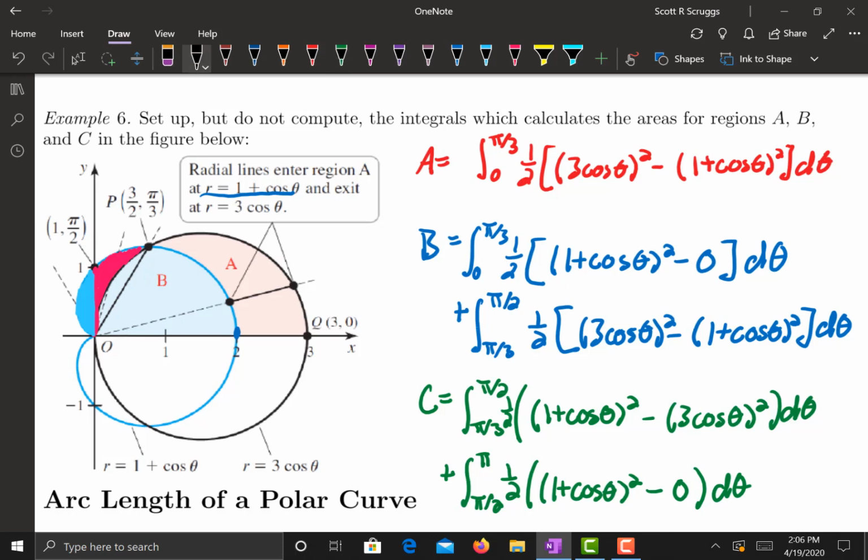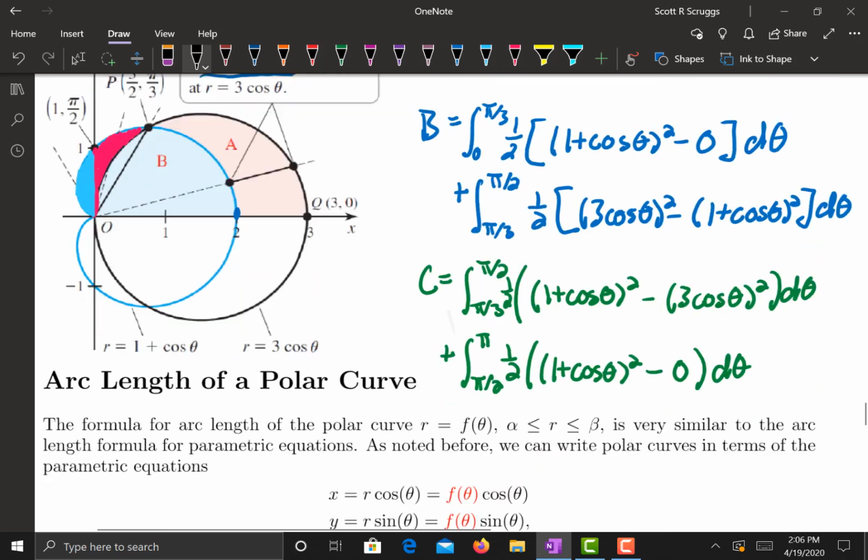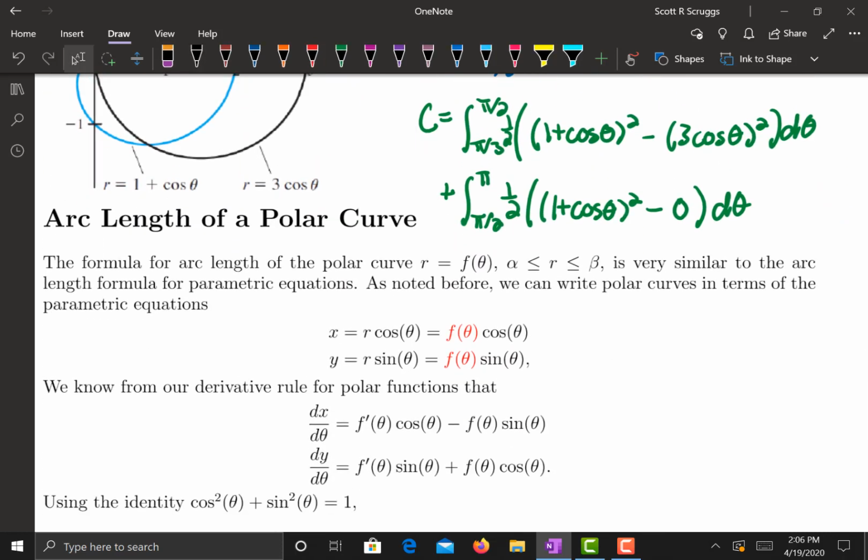All right, and from now on, let's finish up with arc length. So, we're going to do the arc length of a polar curve. And I say that just like with the derivative equation of a polar curve, parametric equations are going to help us out. And here's why.